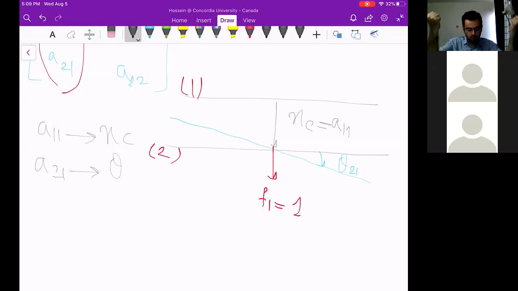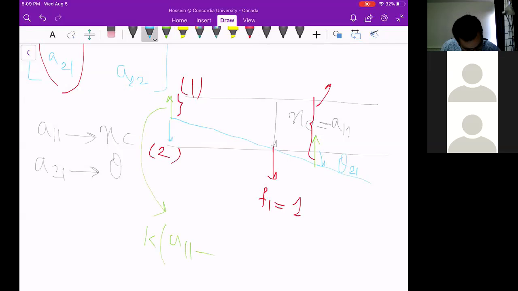As soon as you pull down the beam, there would be two forces which oppose the motion. One is like this, and the other is this. This is the total deflection of the left spring, and this is the total deflection of the right spring. So the left spring force is K times the deformation. The deformation is A11 minus this length.